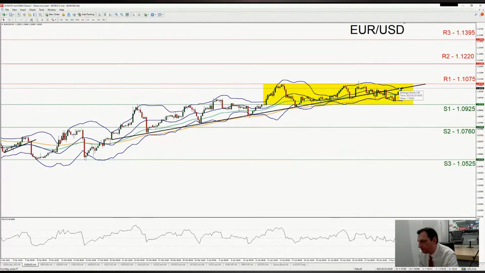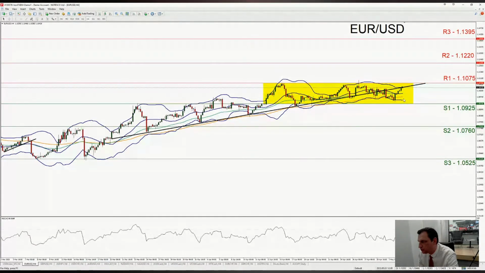So it may be on the rise, but overall we see that it well respects the R1 1.1075. So overall we tend to maintain our bias for sideways motion to continue between the R1 and the S1. As you can see in the yellow rectangle, we have highlighted the price action's sideways motion since around the 12th of April.